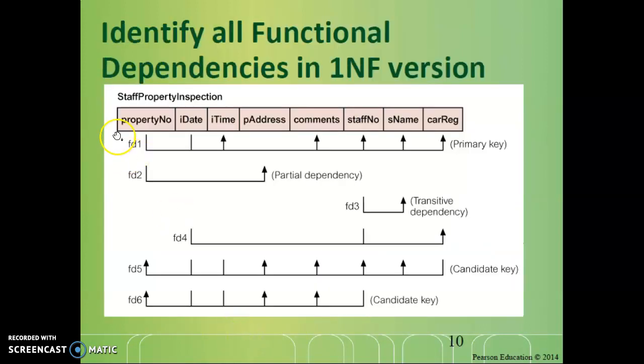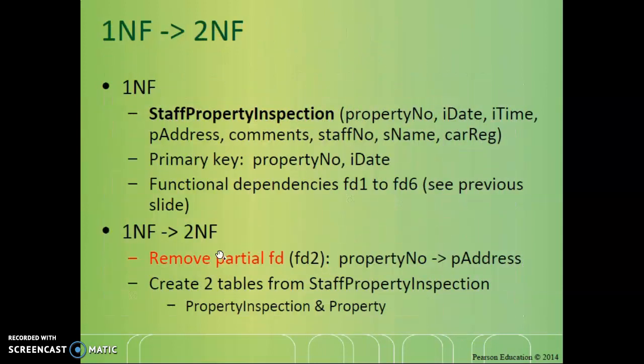Attributes are property number, IDate, ITime, comments, staff number, staff name, car registration. All these are the attributes for the table property inspection. So we have separated that partial dependency and created a new table. And what is that new table name called? Property.